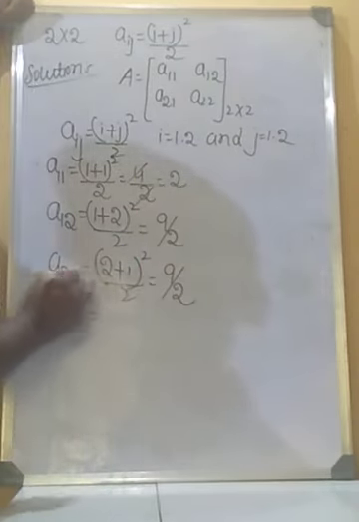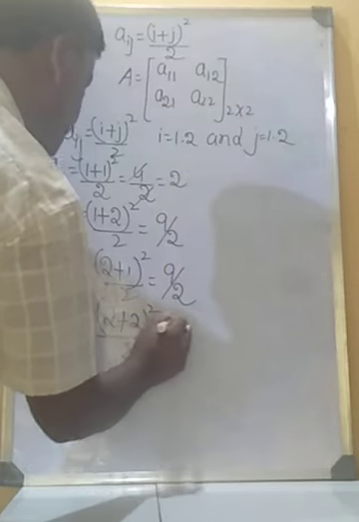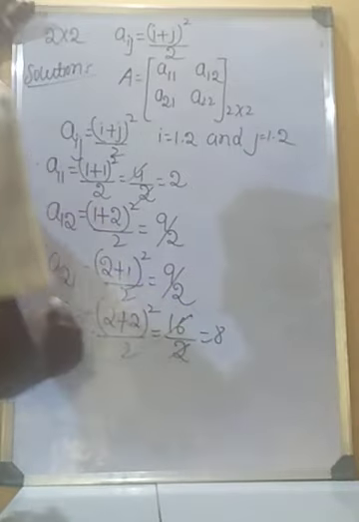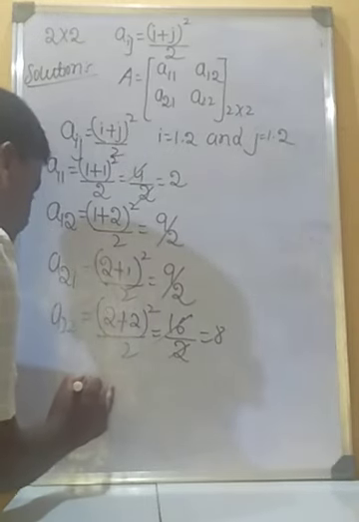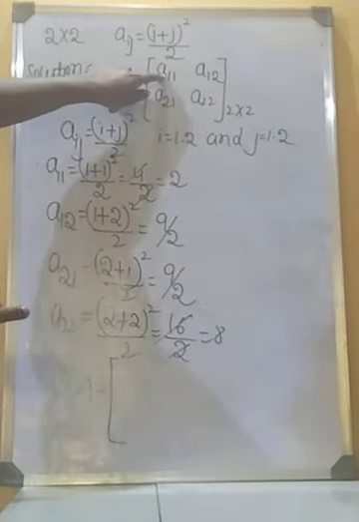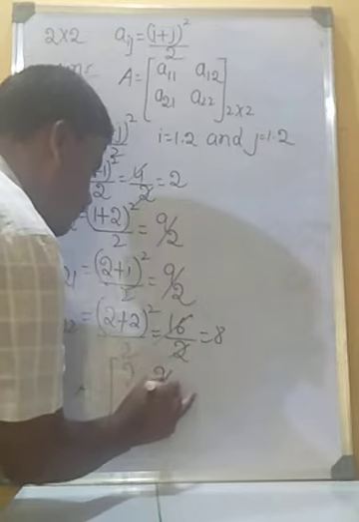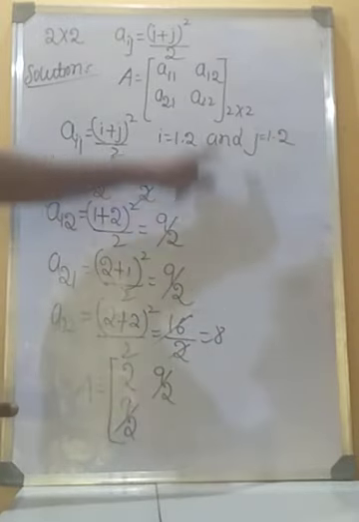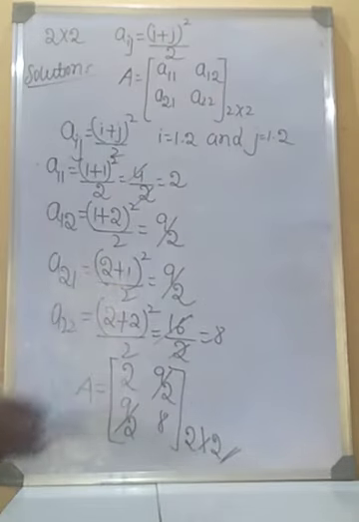The last element A22: i is 2, j is also 2, (2 plus 2) whole square by 2, 2 plus 2 is 4, 4 squared is 16, 16 by 2 is 8. So the required matrix A is, substituting these elements in the general matrix: A11 is 2, A12 is 9 by 2, A21 is also 9 by 2, A22 is 8. It is the required 2 cross 2 matrix.